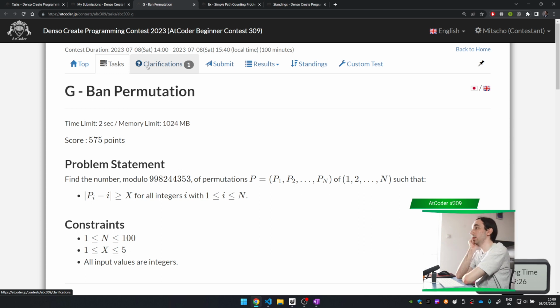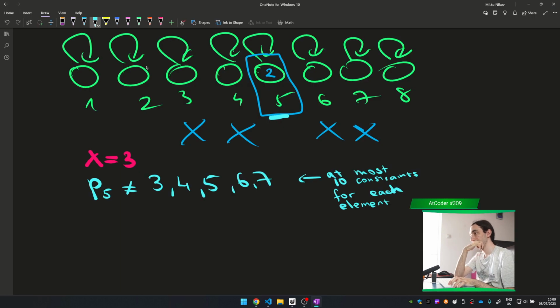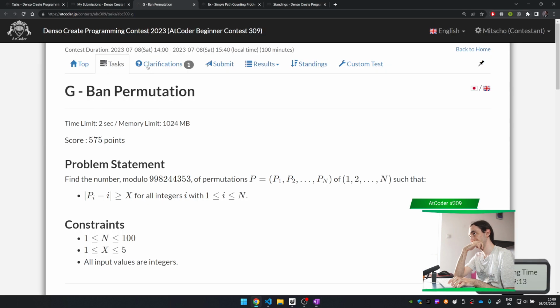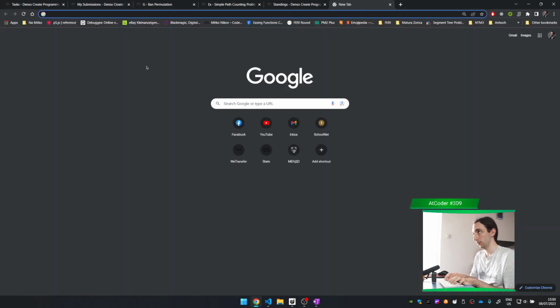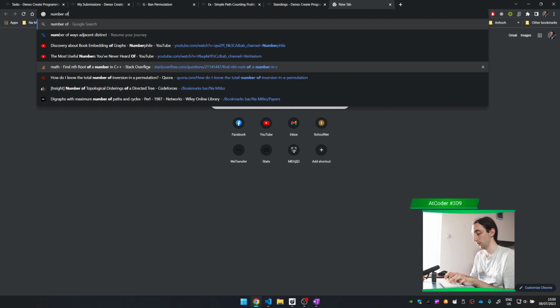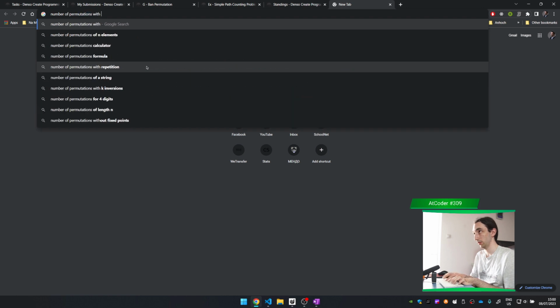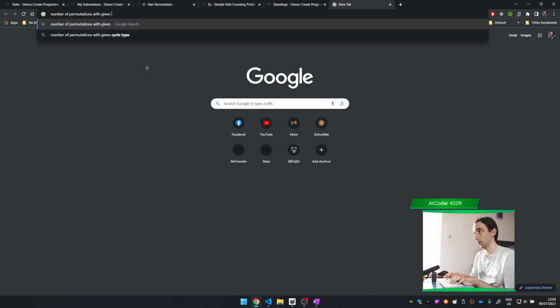They're very limited. Still, I would want to see here the number of permutations with given constraints.